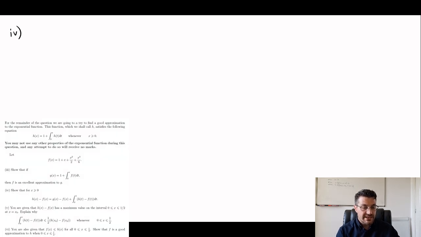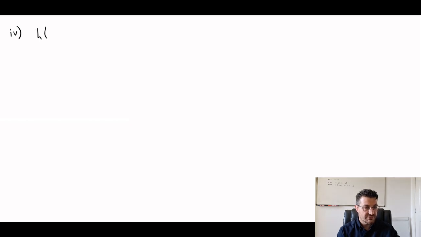Show that for x greater than or equal to 0, h of x minus f of x is equal to g of x minus f of x plus the integral from 0 to x of h of t minus f of t dt. Okay, so start with h of x minus f of x, I guess.